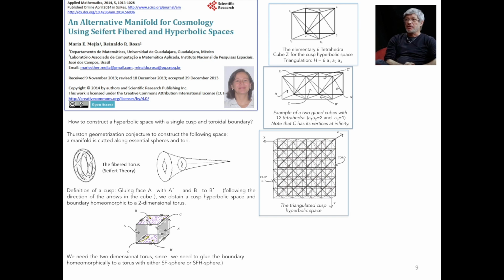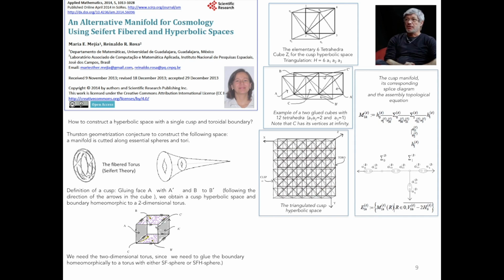Of course, for people who work in this area, the assembly topological evolution can be obtained from the elementary manifold M by using splice diagrams. I'm not going to detail that here, we don't need it now.